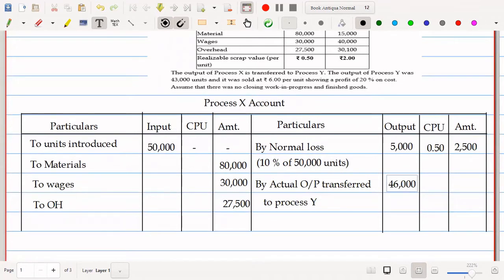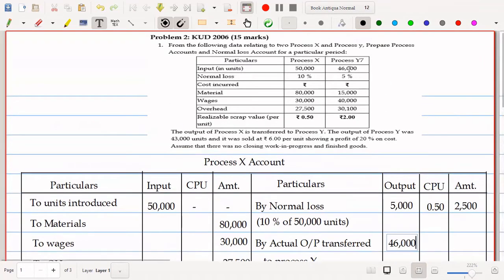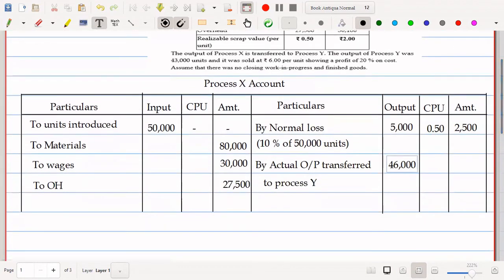Directly they have not given the actual output. Indirectly they have told us that 46,000 was the units introduced in process Y. So indirectly we have to understand that whatever input of process Y will be the output of process X. So 46,000 is taken here.